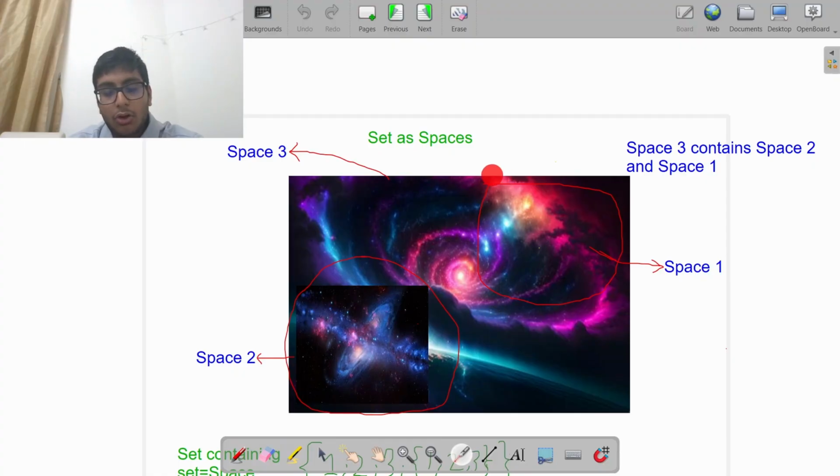So I represent all the information in this galaxy to be a bigger group. And over here, the small galaxy has a smaller group. So the information contained in this is also information contained in this bigger space. So space 3 has all the information contained in space 2.